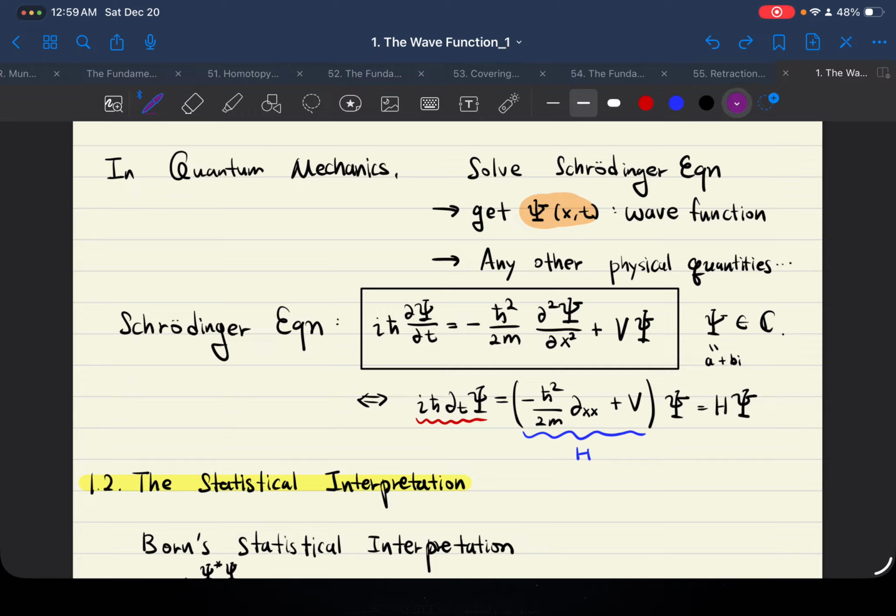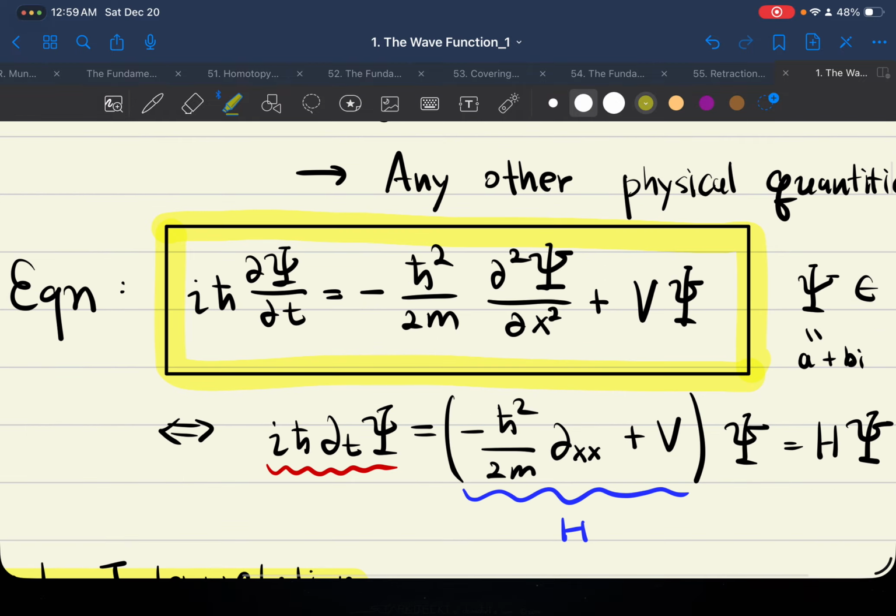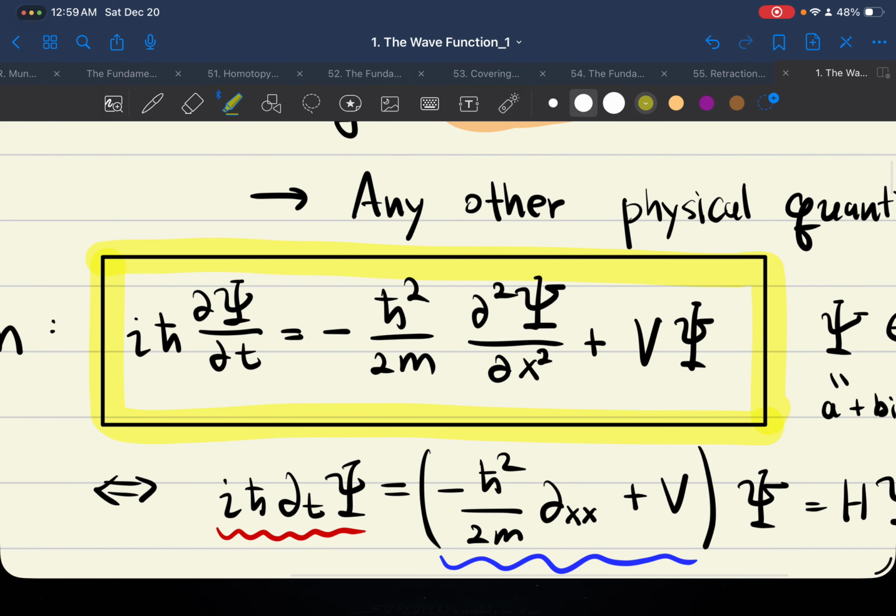Here is the Schrödinger equation, and you'd better memorize it for further discussion. If you look at the structure of this equation, it is basically a very simple second order partial differential equation, a PDE.